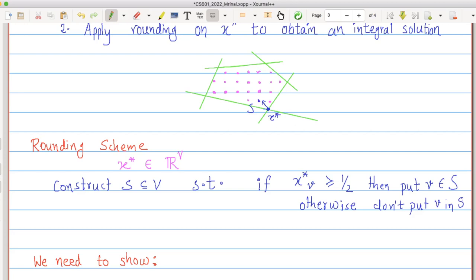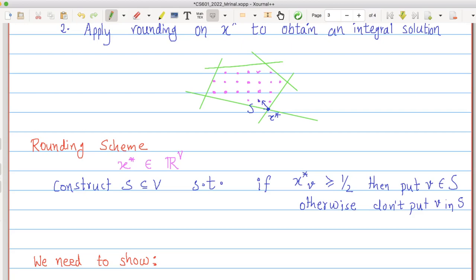So we are going to relate the weight of S with the optimal value of the LP, meaning the objective value achieved at X star. And why do we hope we can do that? Because S was obtained from X star. Once you relate the two, that would naturally give you a relation between S and S star.